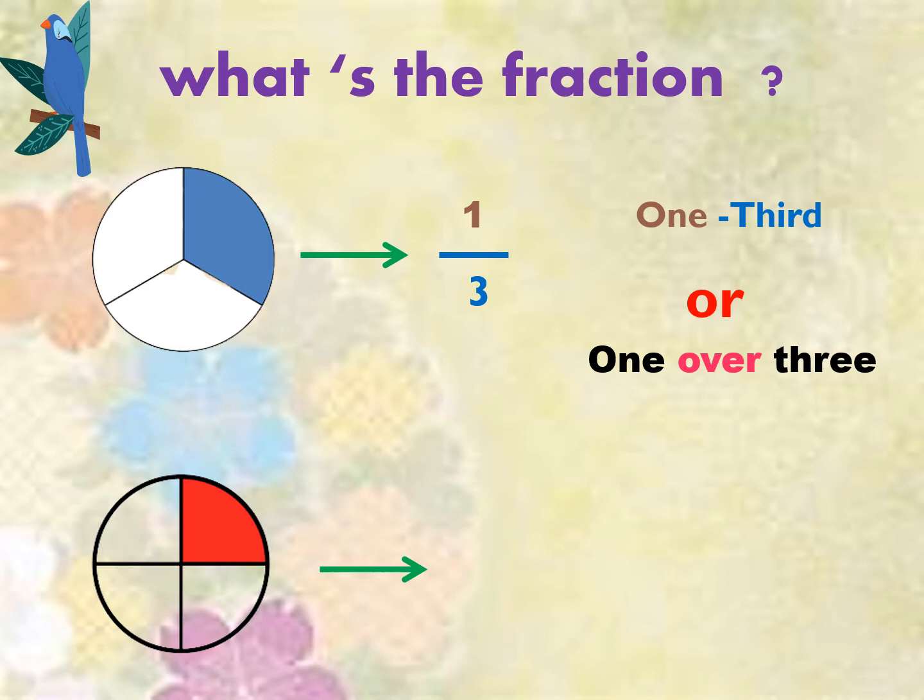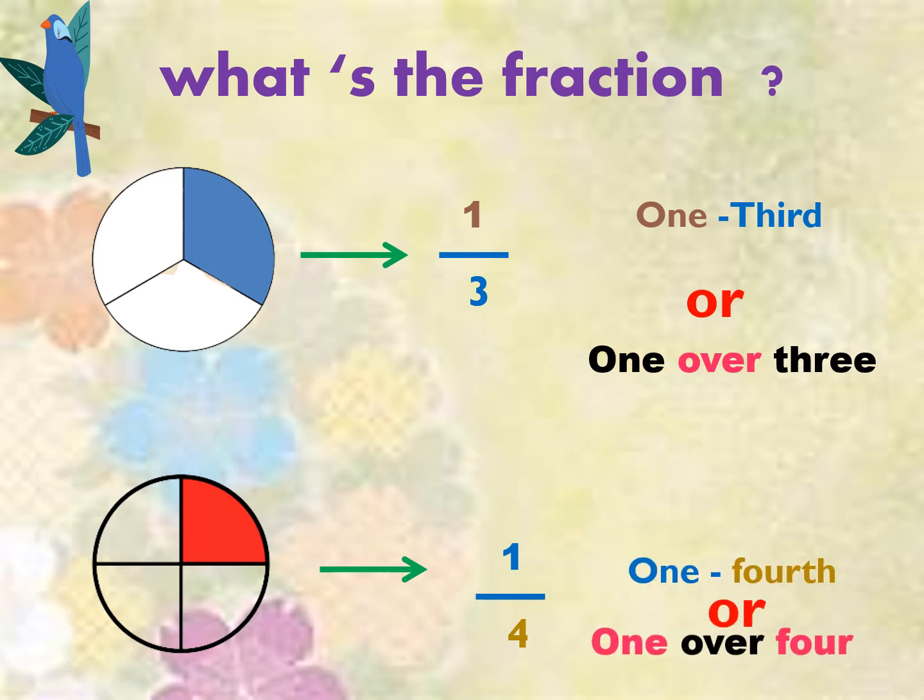So here, how many parts are colored? 1. And the total parts? 1, 2, 3, 4. So I will write 1 over 4. And how can I read the fraction? 1/4, or a quarter, or 1 over 4.